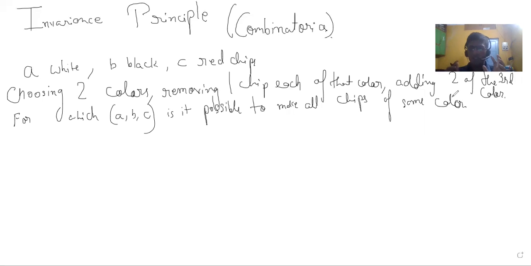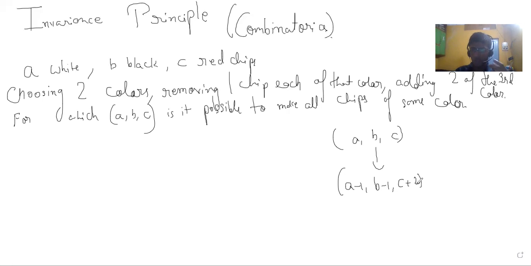Okay. So we have 3 colors and we have some number of chips of each color. In every move, we are going to choose 2 of the colors and we are going to delete 1 chip of the chosen colors. But then we are going to add 2 chips of the third color.